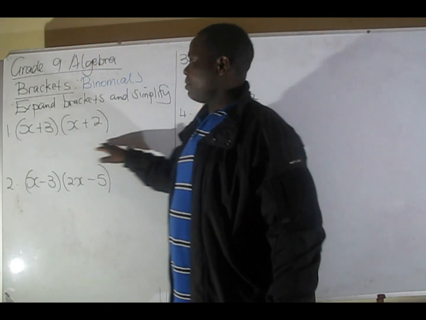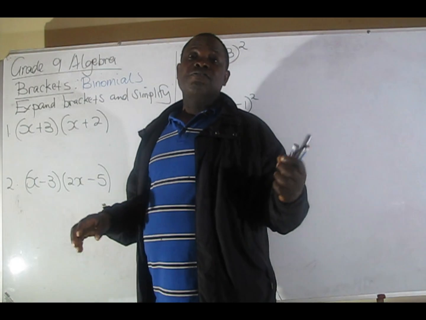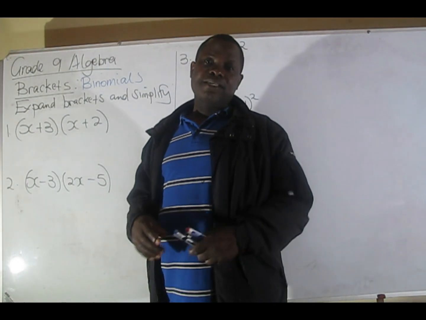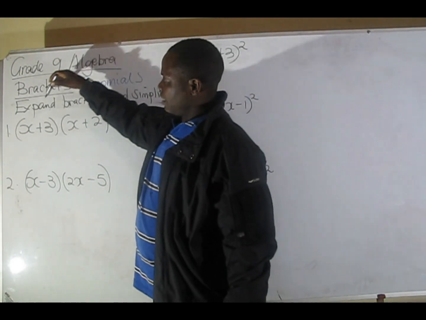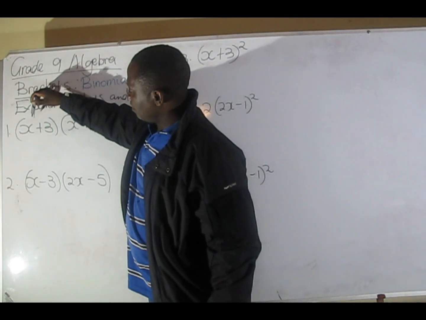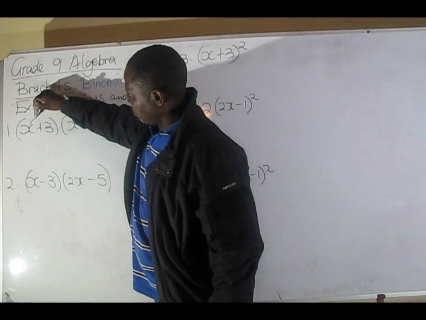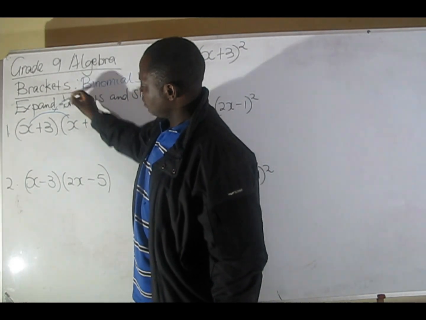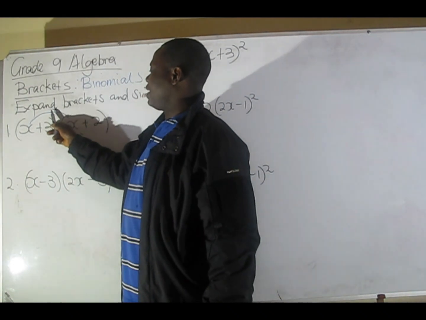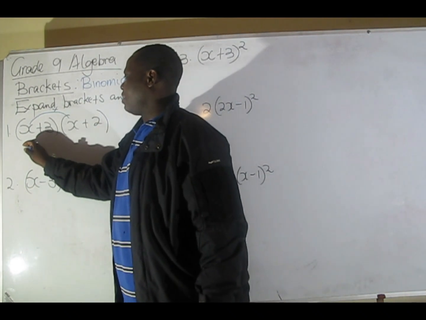So a binomial times a binomial, we use the FOIL method to simplify it. So it works like this. The first term in the first bracket multiplies the first term in the next bracket. Multiply those two. So that's x multiplied by x, and write the answer down.